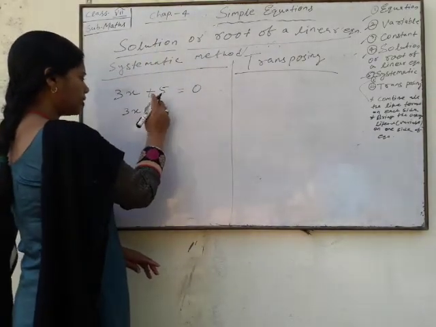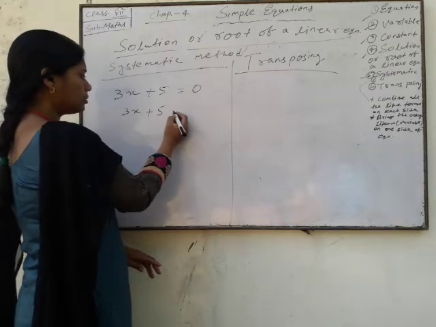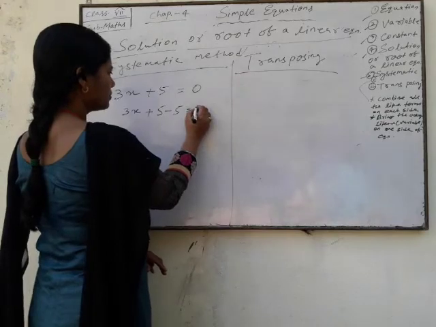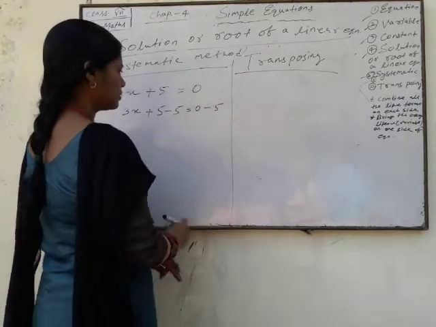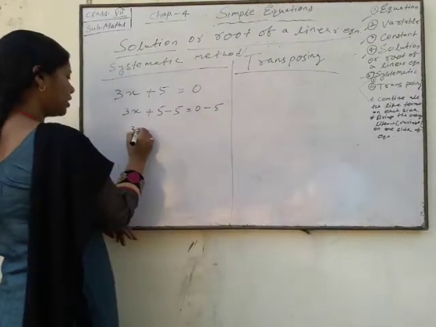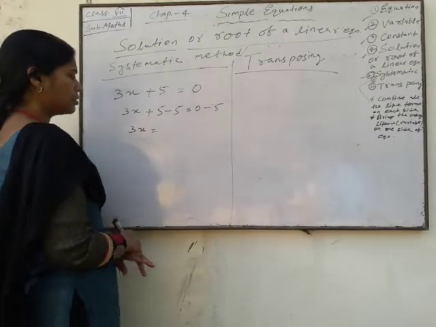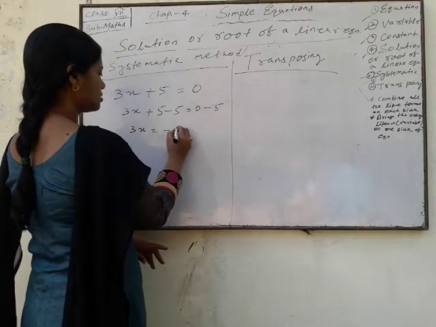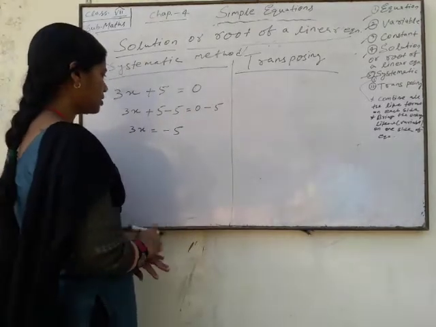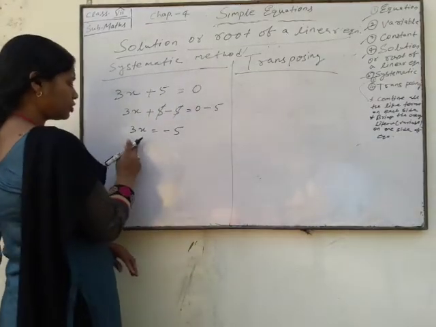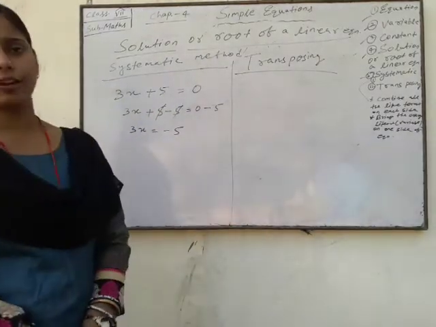So here there is plus 5, so now we can subtract 5 on both sides, in LHS and RHS. And 3x is equal to, plus 5 and minus 5 are both cancelled, and minus 5 is left on the right. So now 3x is equal to minus 5.